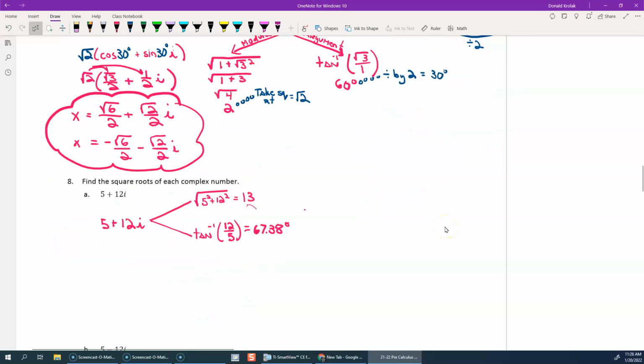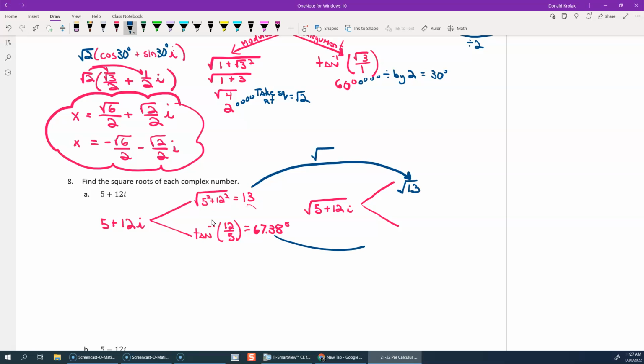Now let's do the square root of 5 plus 12i. Okay, so what we did was we took this and we took its square root. And then we took this one and we divided it by 2.